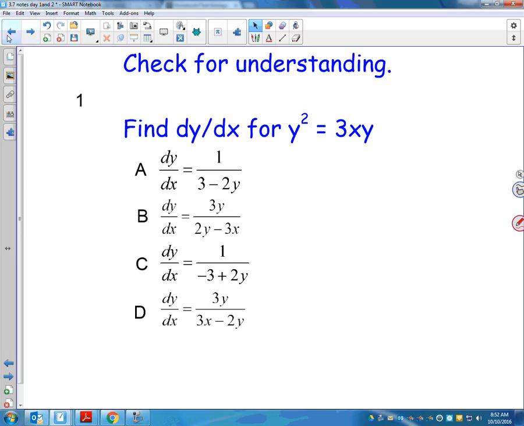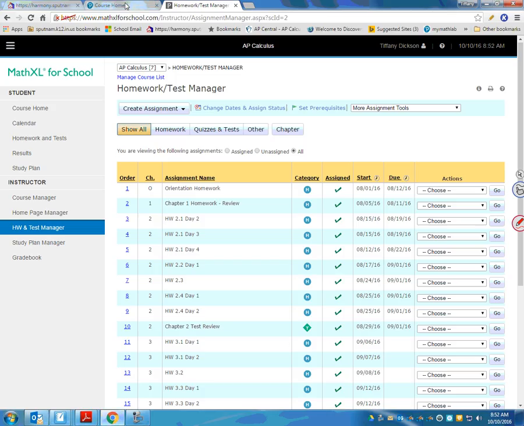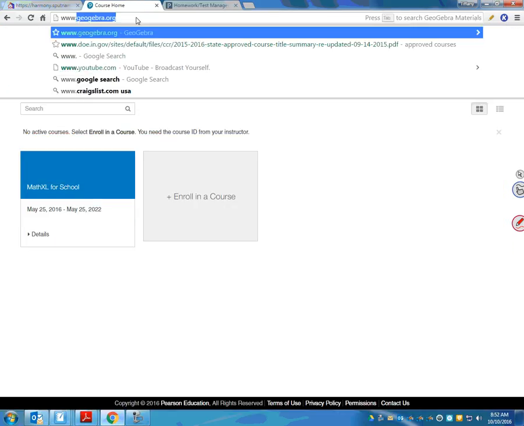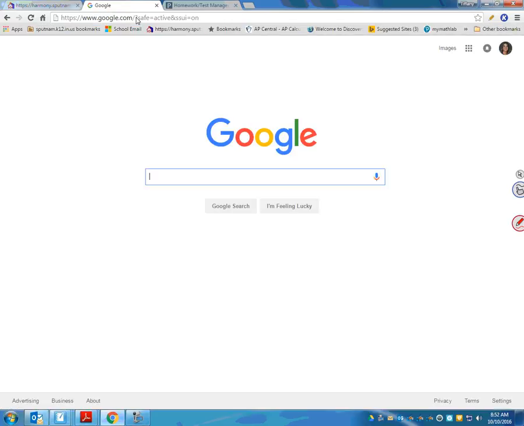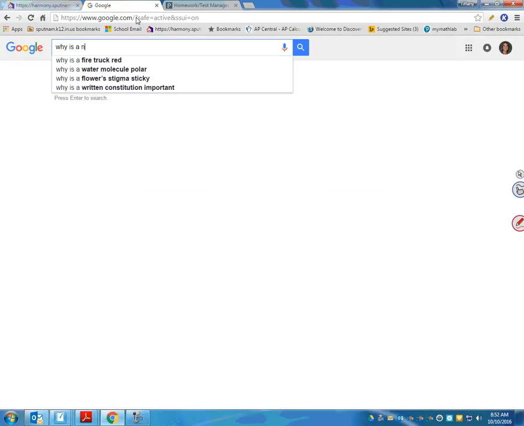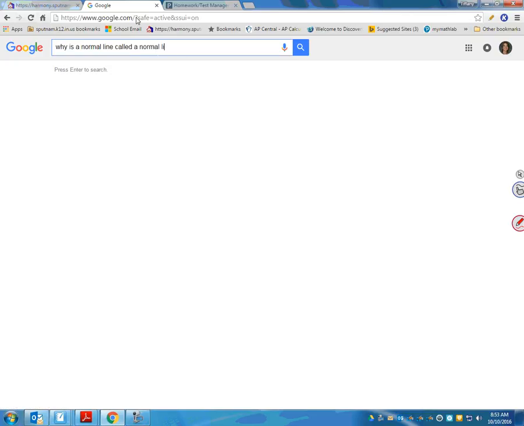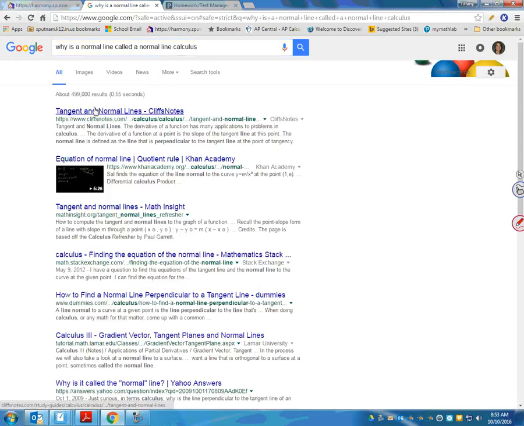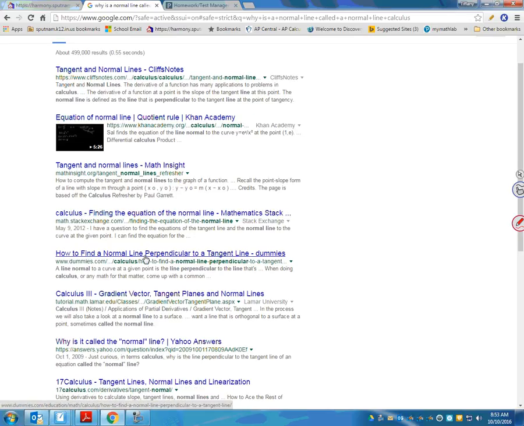Here, I'm going to Google it while you do this. Why is a normal line called a normal line? Calculus. It's not going to say, it's just going to say how to do it. Is it because normal means perpendicular or something?